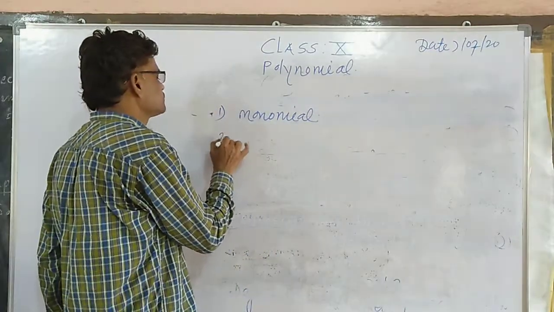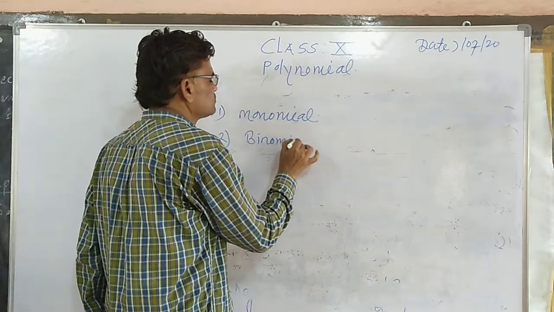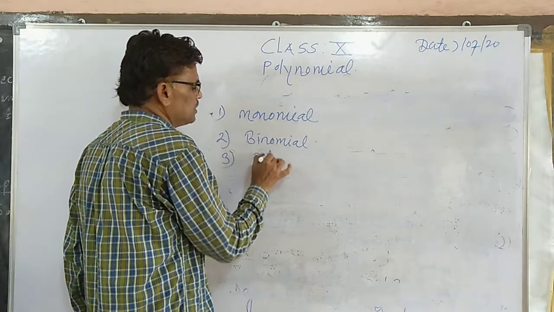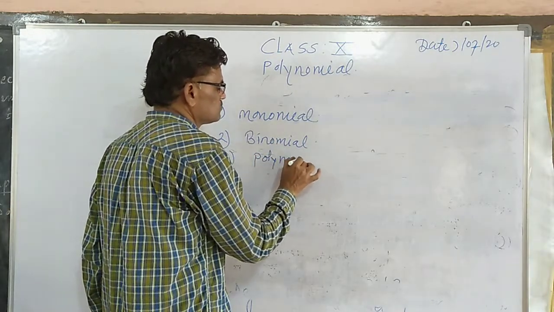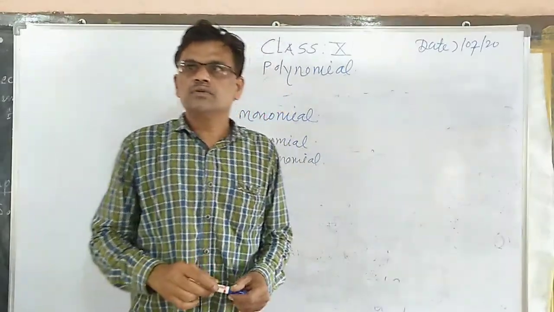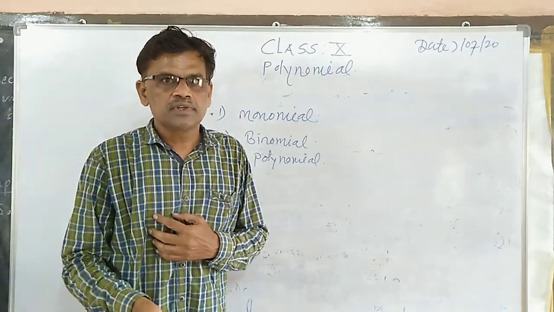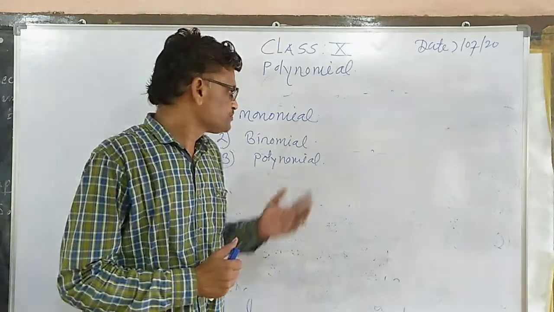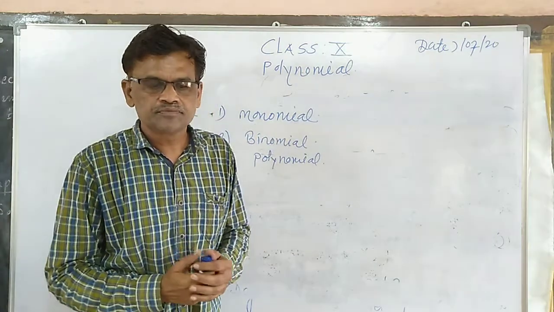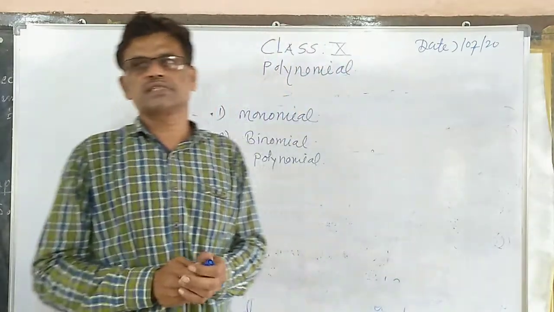Second one is binomial. Third one, polynomial. On the basis of the terms, it is classified. The first one is monomial. The expression having only one term is called a monomial.